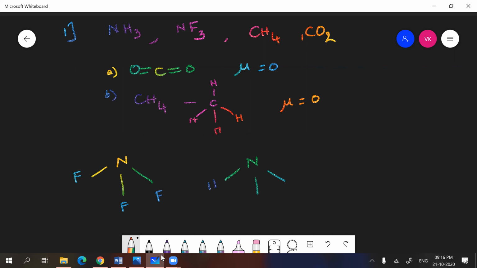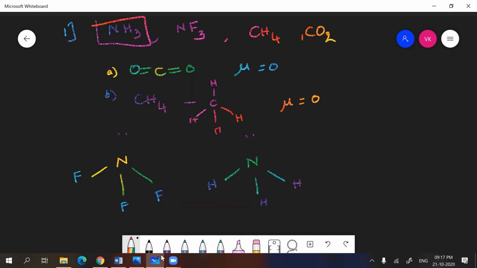Generally, what we would expect is that fluorine is highly electronegative, so NF3 must have more dipole moment than NH3. But in general, what we observe is that ammonia has more dipole moment than NF3. Out of all these, which has the highest dipole moment? Ammonia. The answer is ammonia. The reason I'm going to explain here.